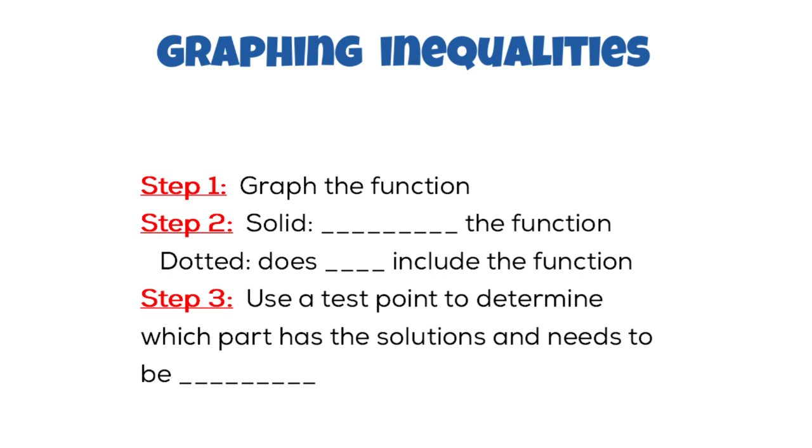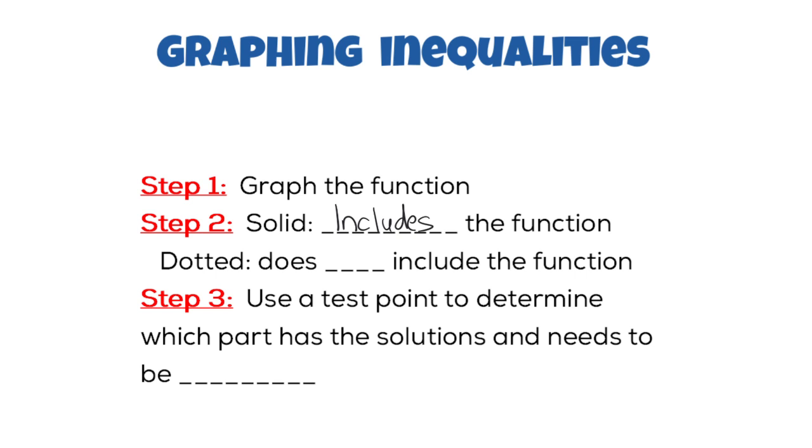And what we're actually graphing, though, are inequalities. Inequalities are the ones that have less thans and greater thans in them. So here's sort of our process for that. The first thing you're going to do is graph that function like we know how to do. But because it's an inequality, you're going to graph sometimes with a solid line and sometimes with a dotted line. A solid line means that your solution actually includes the function itself.